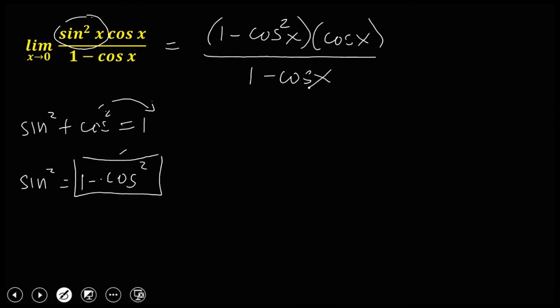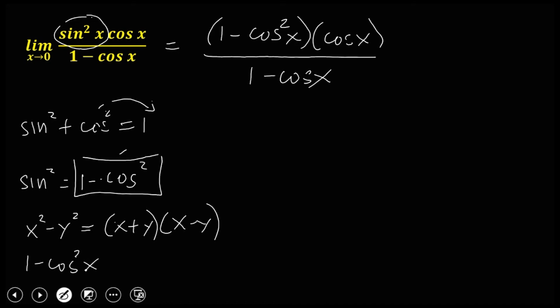Then from the difference of two squares, x squared minus y squared, the factors for this one are x plus y times x minus y. And this 1 minus cosine squared x is the same as 1 squared minus cosine squared x. And the factors for this one are 1 plus cosine x times 1 minus cosine x.